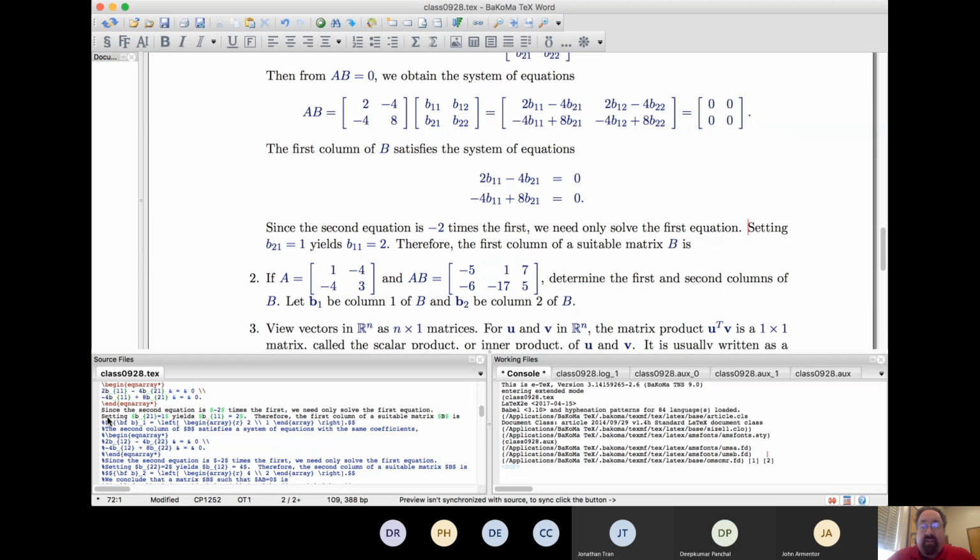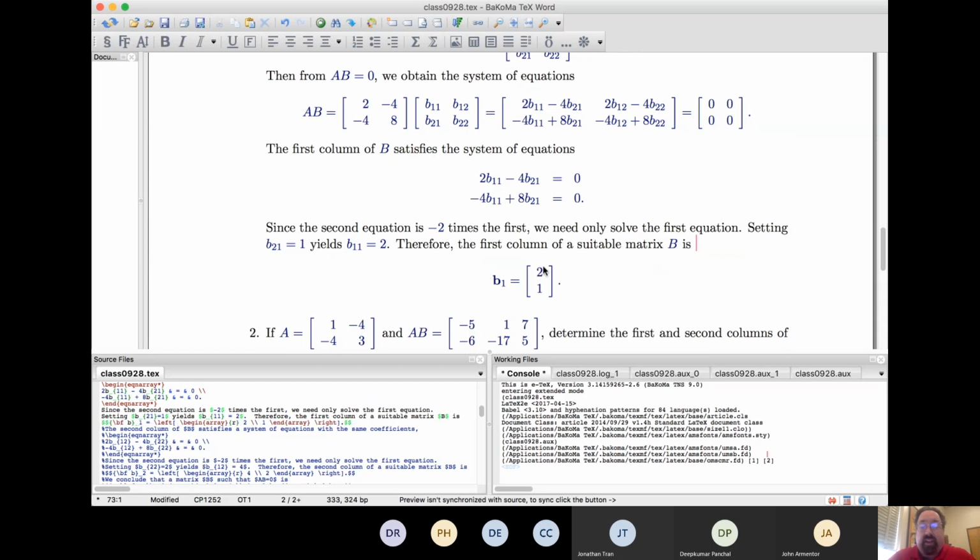So if I set B21 equal to 1 in here, then I can solve for B11. So if this term is going to be -4, this term has to equal 4, so B11 turns out to be 2. So from that 1 equation, I get the first column of my non-zero matrix B.